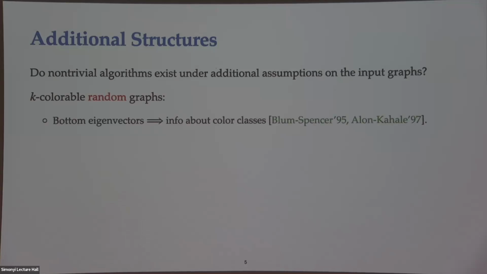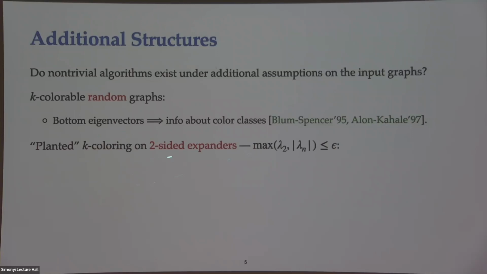This started with the work of Blum and Spencer, and later Alon and Kahale. They observed that the bottom eigenvectors of the adjacency matrix contain information about the color classes. So when you do some kind of spectral clustering using these eigenvectors, you can recover the k color classes. This idea has been extended to planted k-coloring on two-sided expanders.